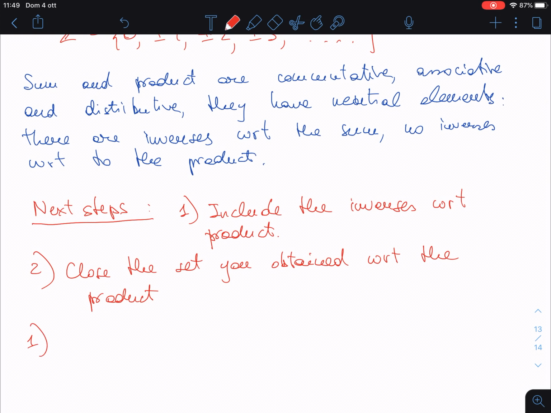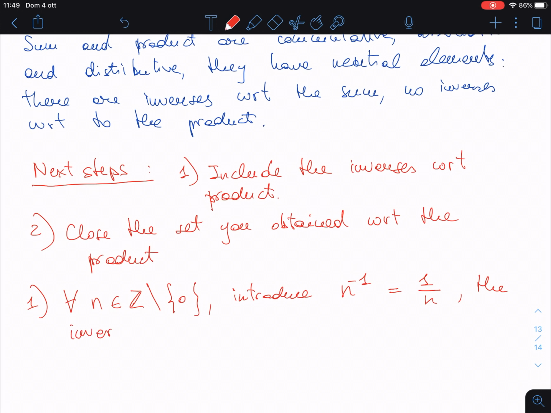First, for every n, which is an integer number but not 0, for 0 it is not possible to do that, you introduce the symbol n to the minus 1 or 1 over n, which is the inverse of n with respect to the product. It means that n to the minus 1 times n is equal to n times n to the minus 1, which is equal to 1.